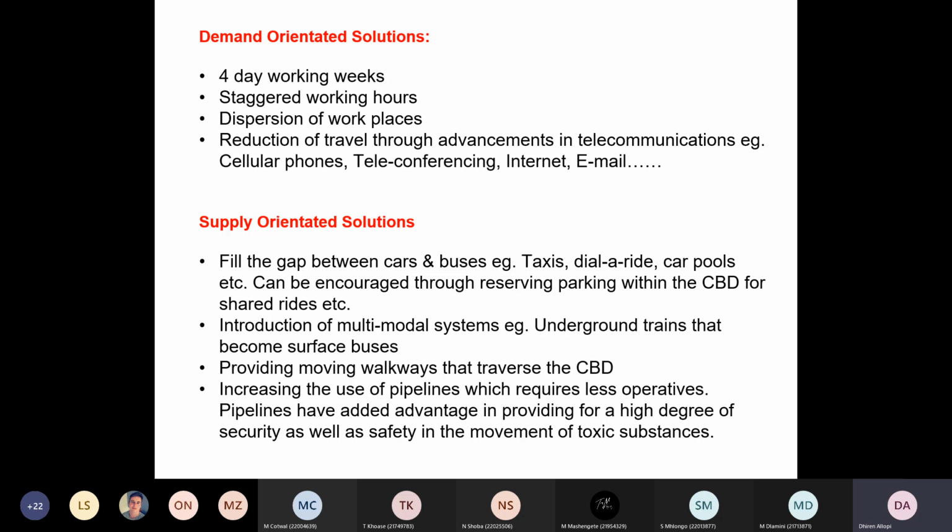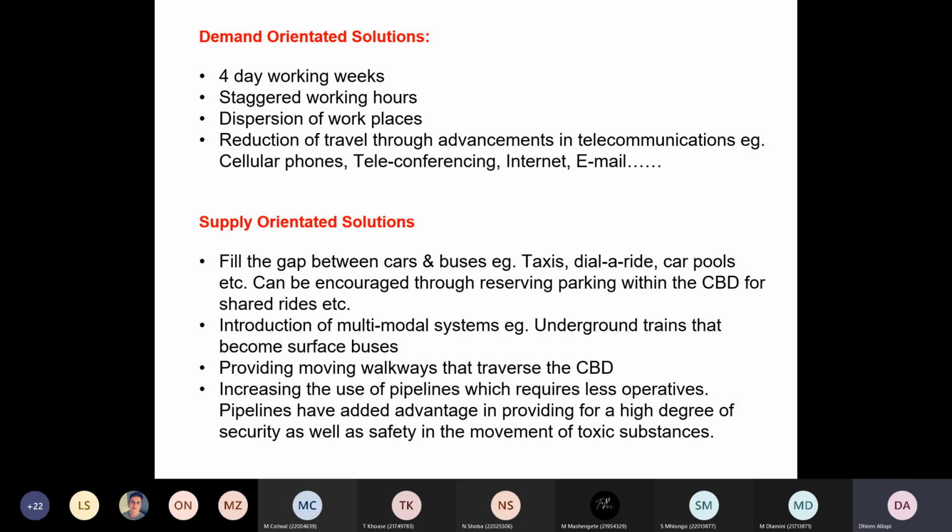And not only with regard to commuters and public transport, this could apply to freight as well. And you can see, for example, use of pipelines, right? Certainly with use of pipelines, it has its added advantage in terms of security, in terms of safety. So you're transporting toxic, inflammable substances through these pipelines.